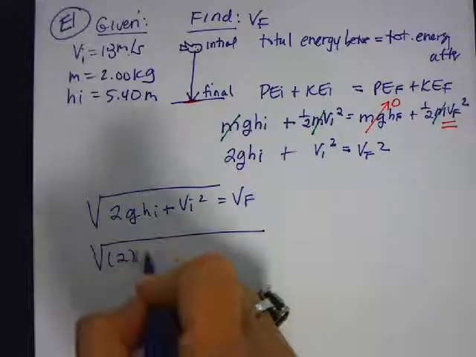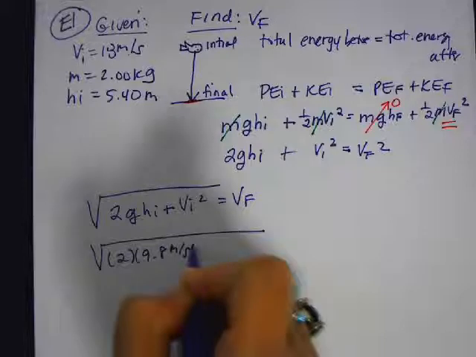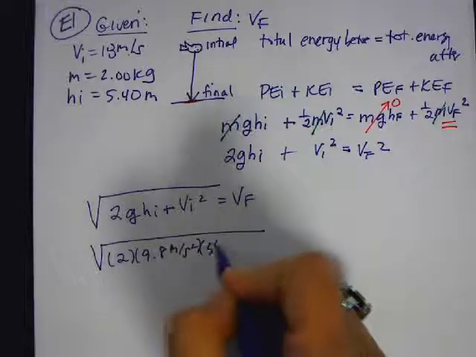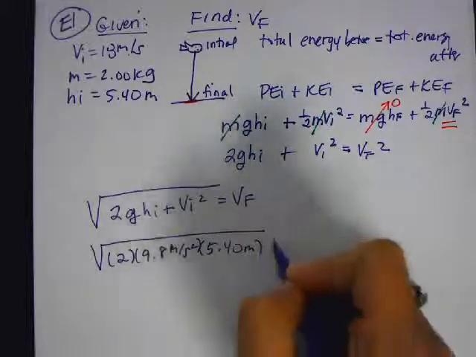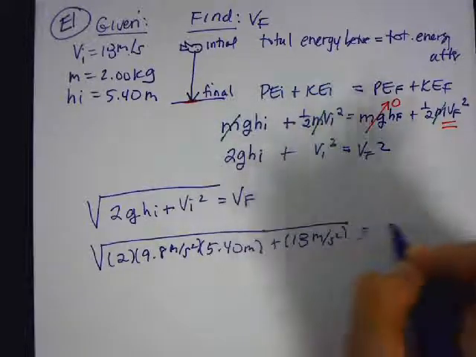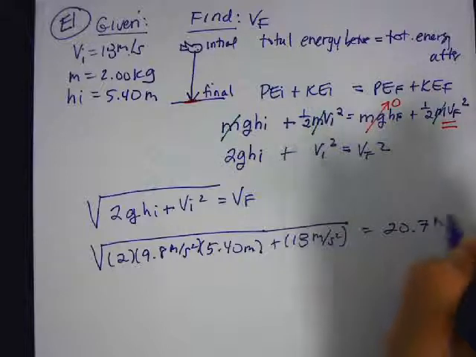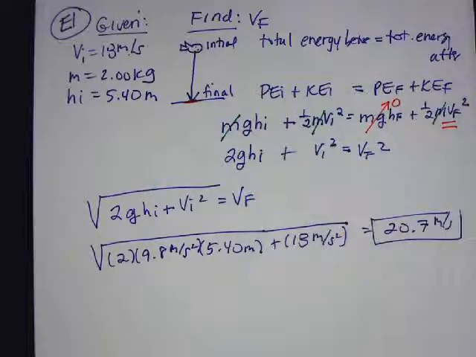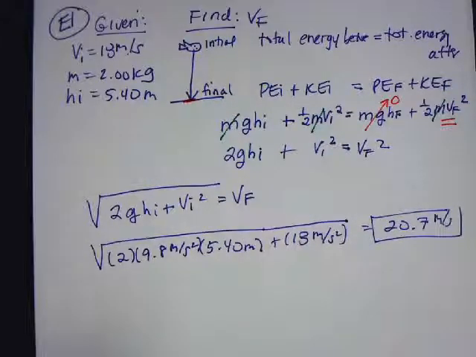So it's going to be 2 times 9.8 meters per second squared times 5.40 meters plus 18 meters per second squared. This comes out to be 20.7 meters per second. So for conservation of energy, we do it step by step.